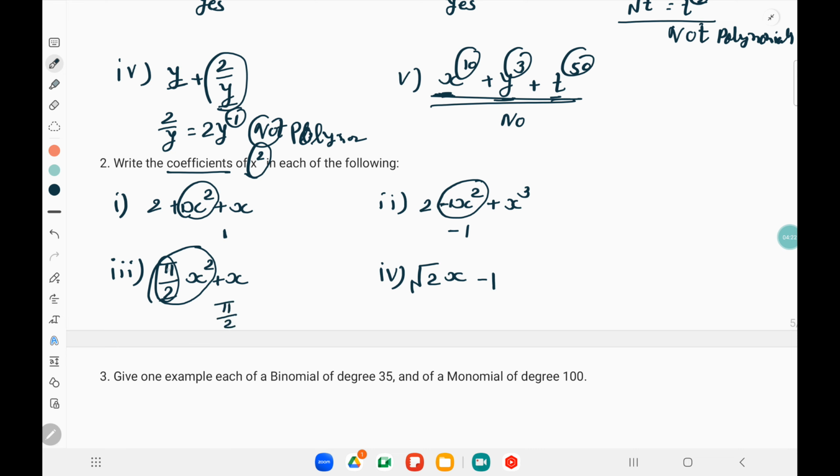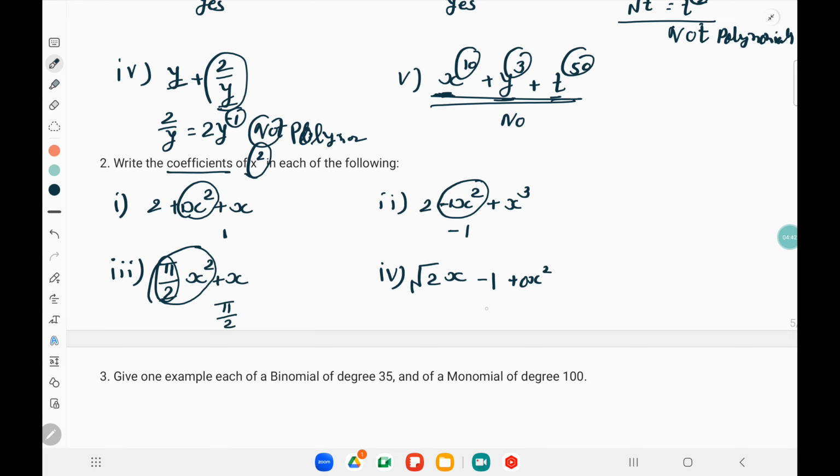So we consider pi as well, not only numbers. Okay, here we don't have any term which has x square, so we can write x square with 0 coefficient. If it is not there, then you can write it with 0 coefficient.